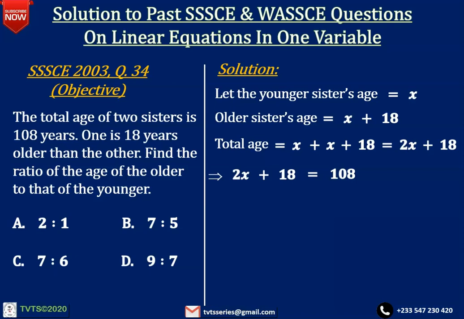Now, let's group like terms by subtracting 18 from both sides. We have 108 minus 18 to be 90. So 2x is equal to 90. Dividing both sides by 2, we have x to be 45.